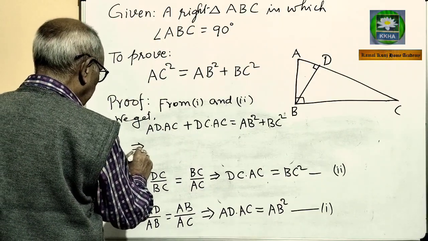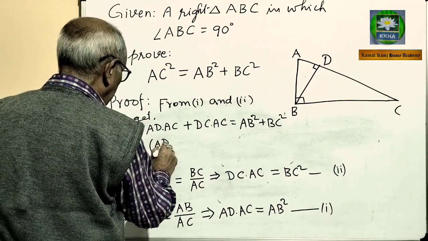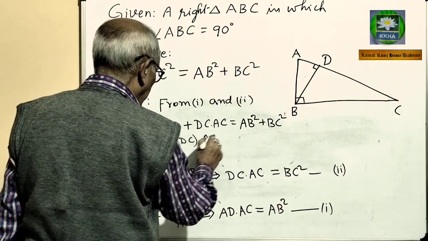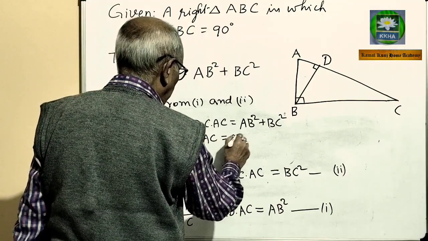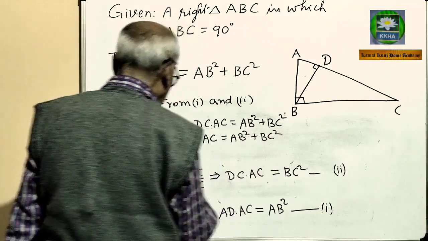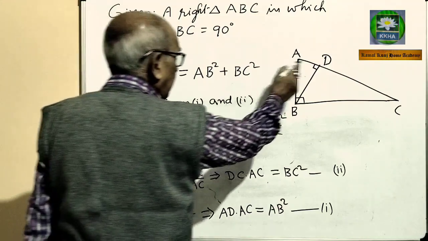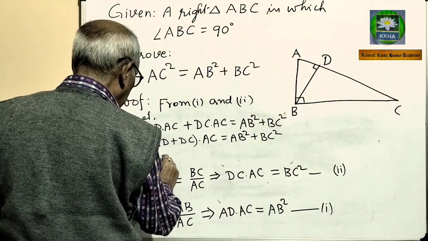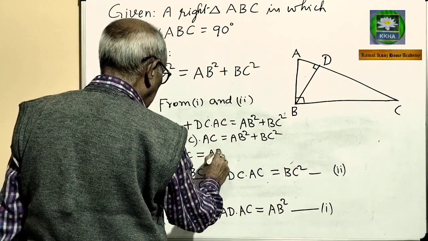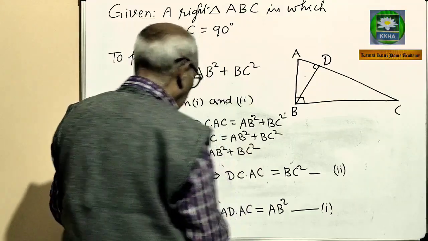This implies that AD plus DC into AC is equal to AB square plus BC square. This implies that AD plus DC is AC. So AC into AC is equal to AB square plus BC square.